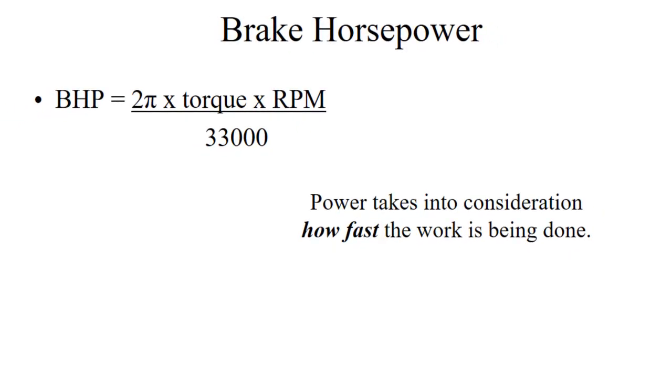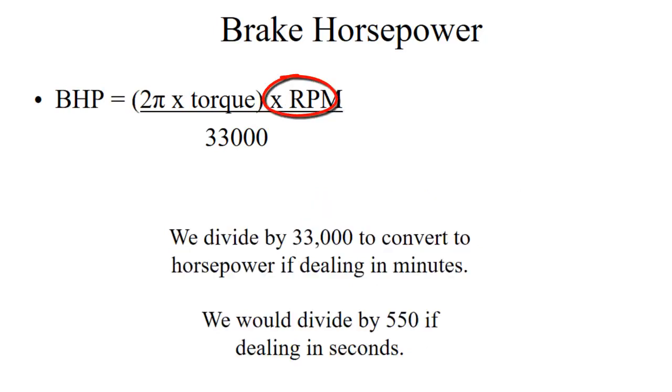Now, there's a formula that we can use to change that torque into power, brake horsepower. The formula is 2 pi times torque times RPM divided by 33,000. So this takes into account how fast we're doing it by including the RPM of the engine. 2 pi times the torque basically gives us the work.